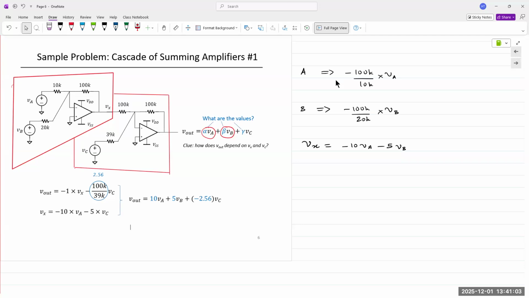I'll ask you because you already know the answer. Vx, where is Vx going? Into the second stage. And so what will happen then? We had minus 10 and we're feeding it into the inverting terminal. It's a good question. Does everybody see that?